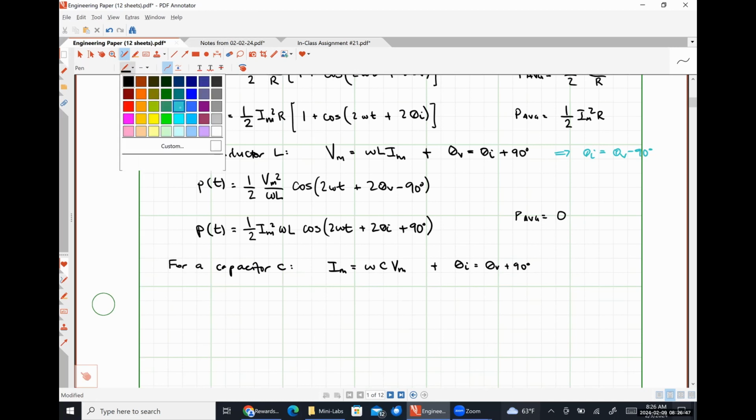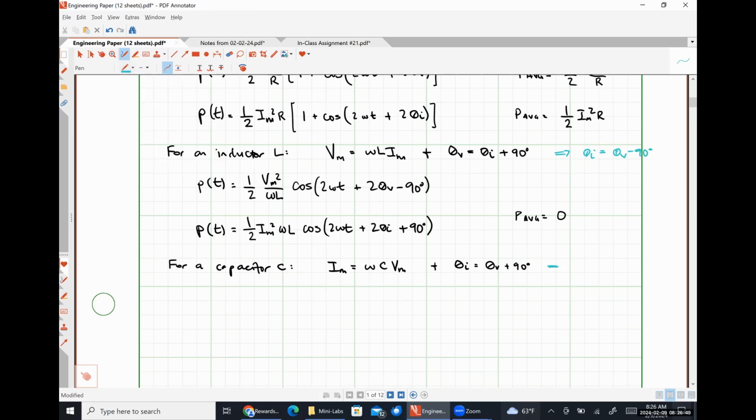So doing the same thing I did a moment ago, I could then say that theta V is just theta I minus 90. So in terms of our voltage, this is going to look like 1/2 Vm squared times omega C.